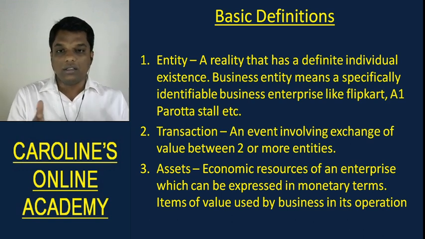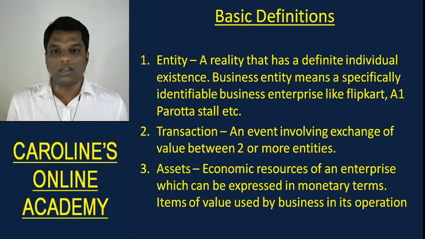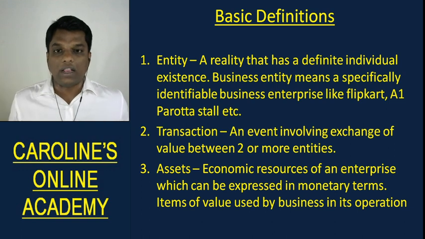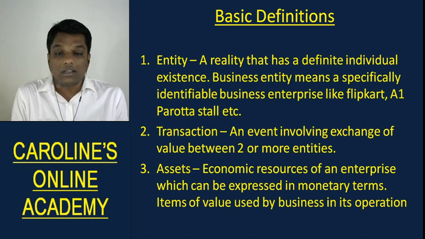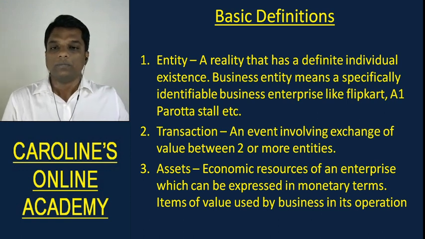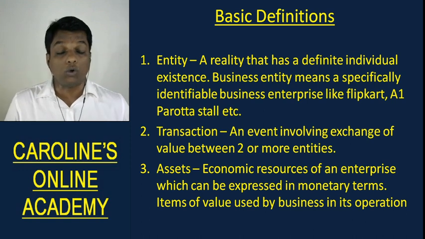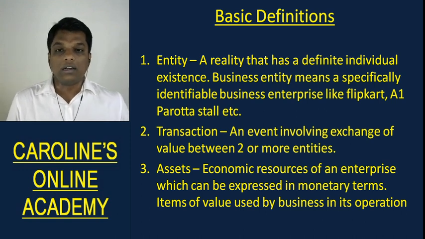A machine in the manufacturing unit is an asset. A piece of land that we're using is an asset because that is a resource that we're using to further the business. Understood?